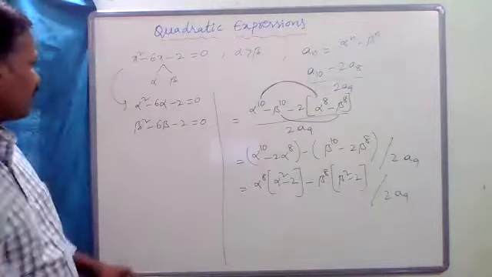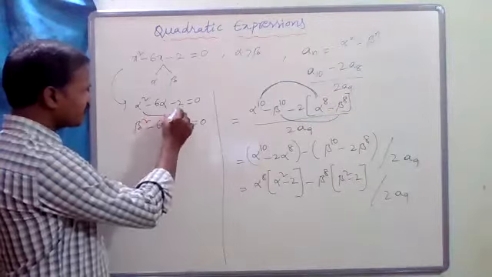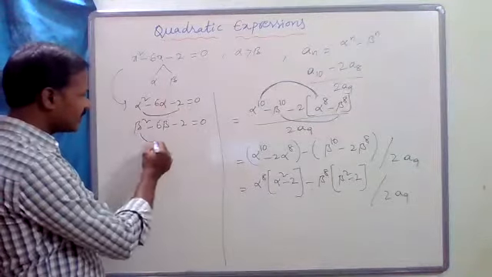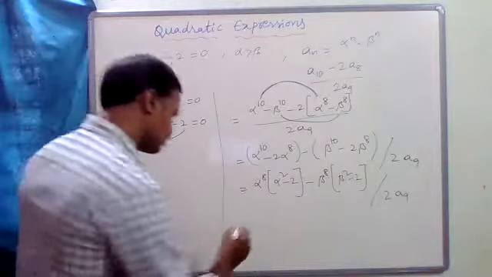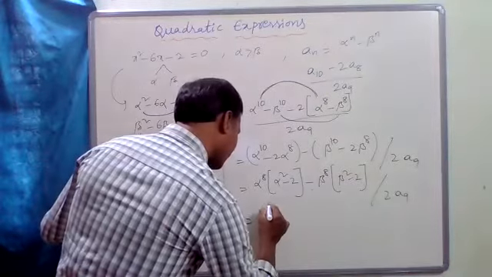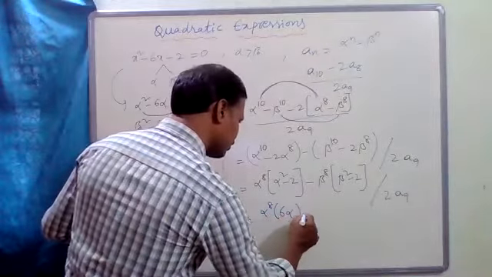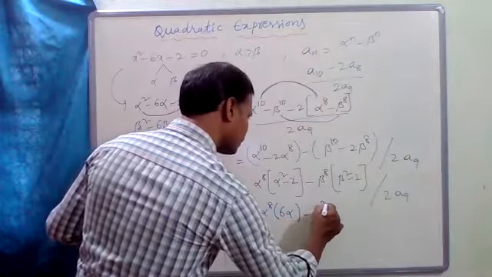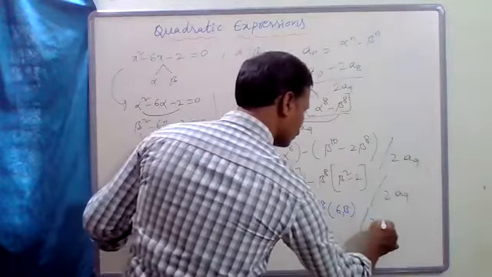Now, alpha square minus 2 is 6 alpha. Beta square minus 2 is 6 beta. So this is equal to alpha power 8 into 6 alpha minus beta power 8 into 6 beta by 2a9.